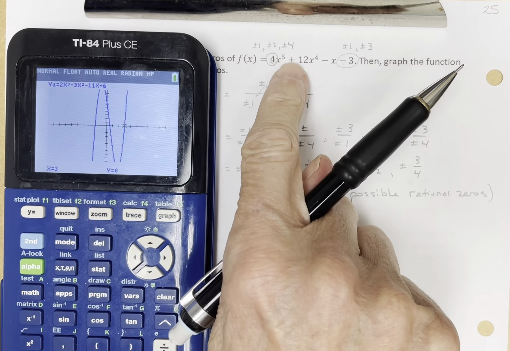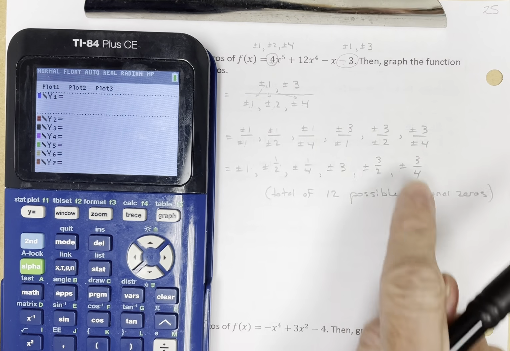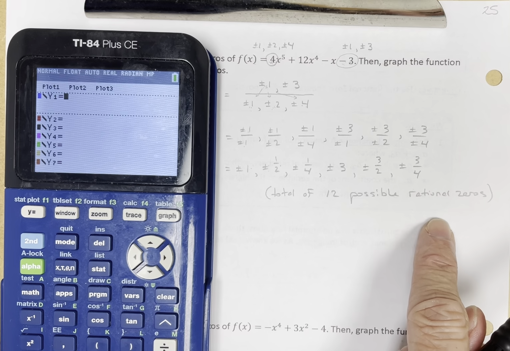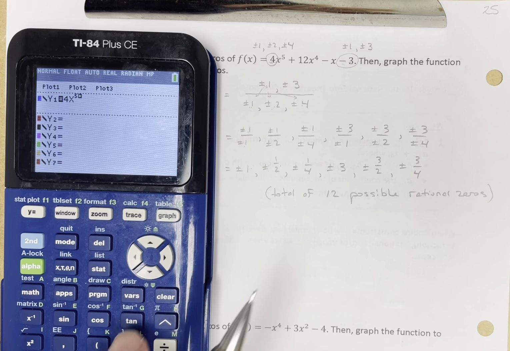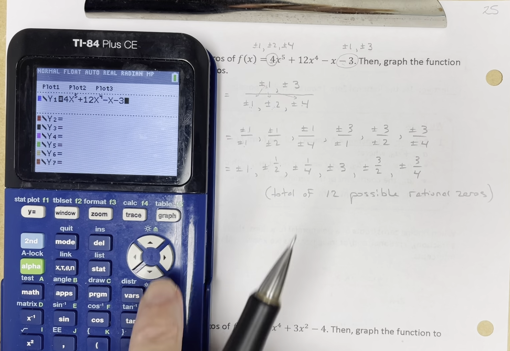and we're going to put this polynomial in here. So I'll clear out what I have, and let's see which of these 12 are actual rational zeros. Okay, so let's see here. 4x to the fifth plus 12x to the fourth minus x minus 3.